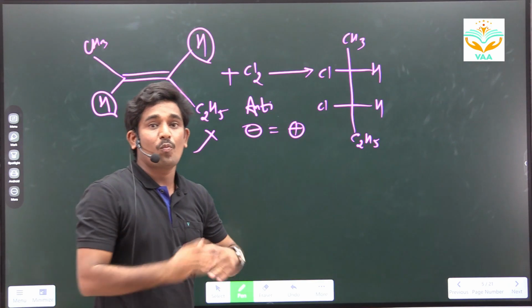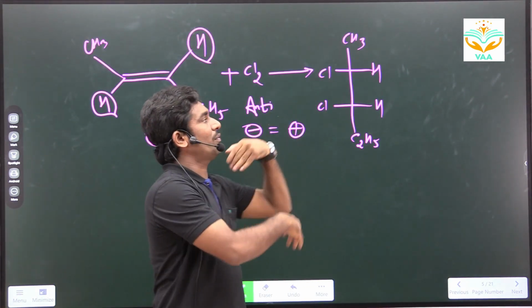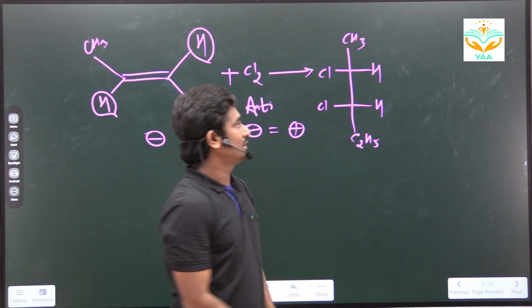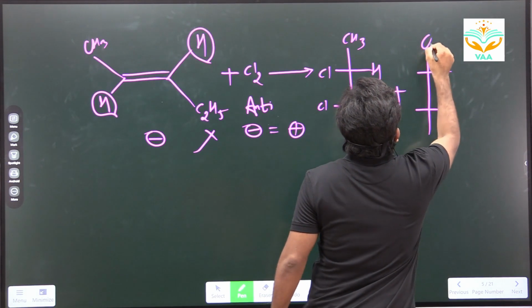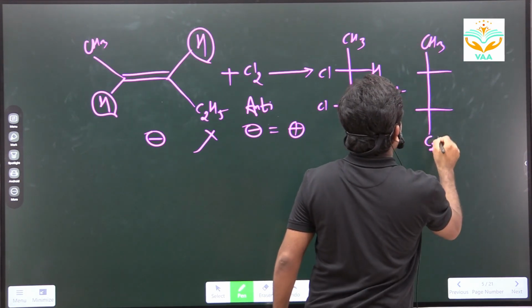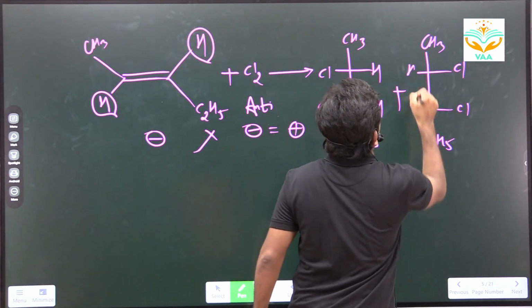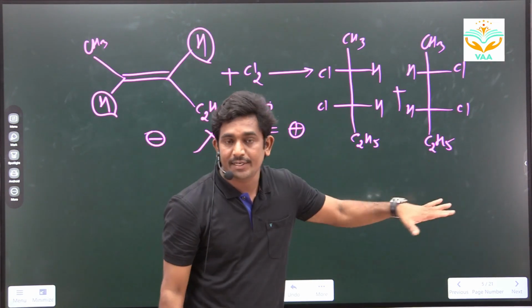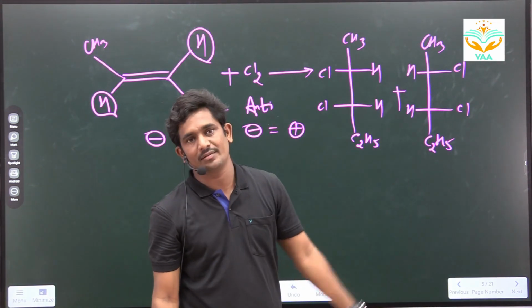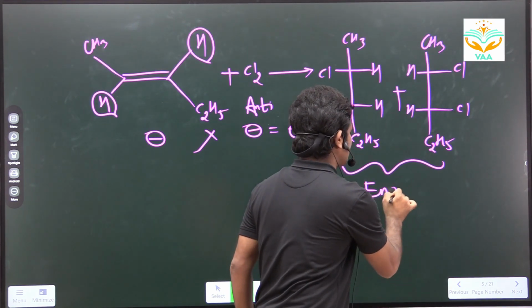This is one product. What is the other product? Here we have written Cl on the left side, now write it on the right side. Are they identical? They are not identical. They are enantiomers.